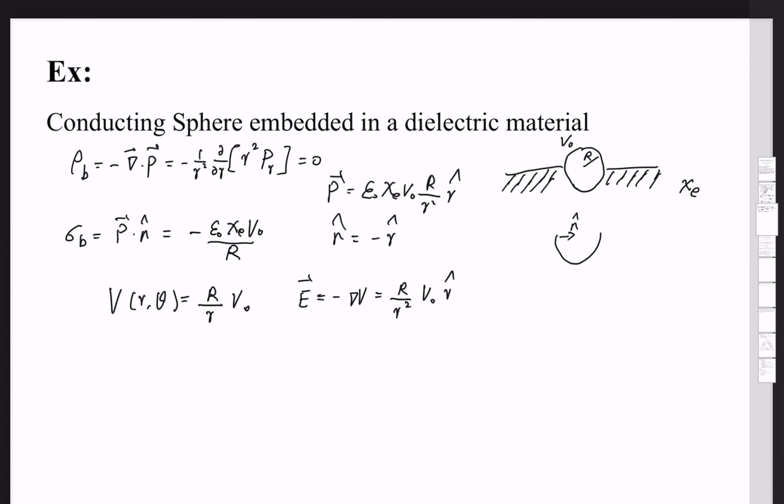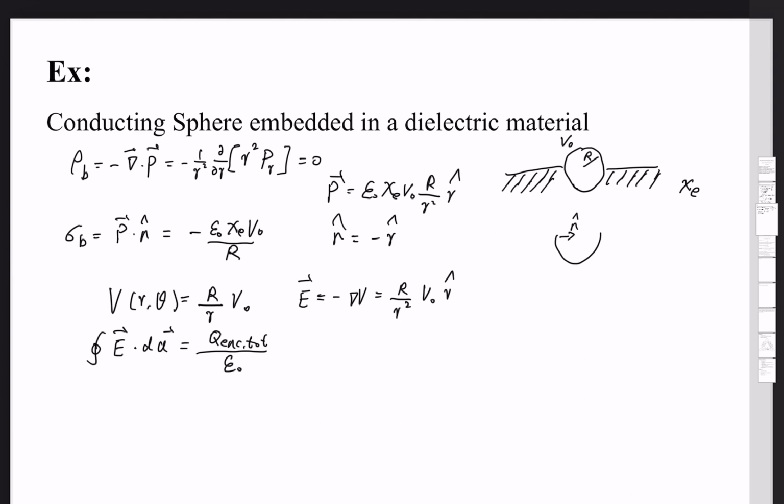The E field is perpendicular to the surface of this conducting sphere, and we simply take a closed Gaussian surface that's slightly larger than this conducting sphere, and then we get the surface integral, which has to be the total charge enclosed.